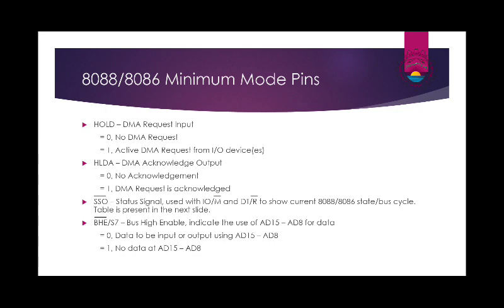So whenever the microprocessor wants to communicate with external devices, memory or IO by using D8 to D15 data lines, the higher 8 bits of data lines, then BHE bar will be at logic 0, or otherwise if the higher 8 bits of data are not to be used, then that pin will be at logic 1.